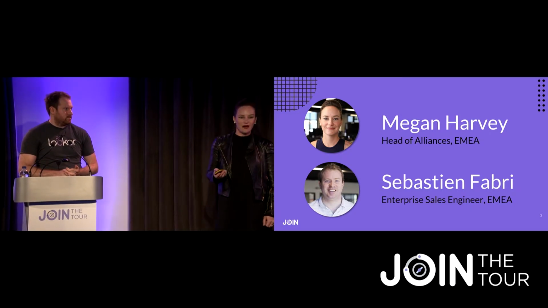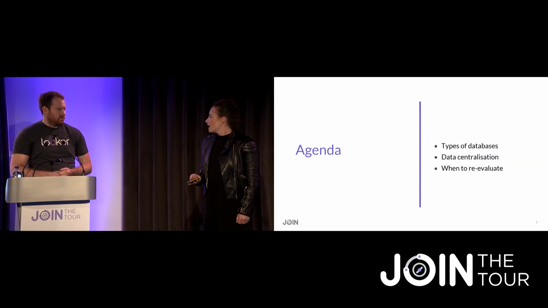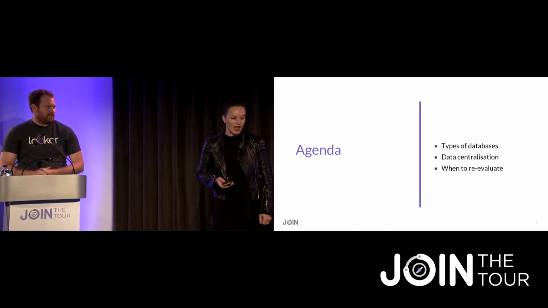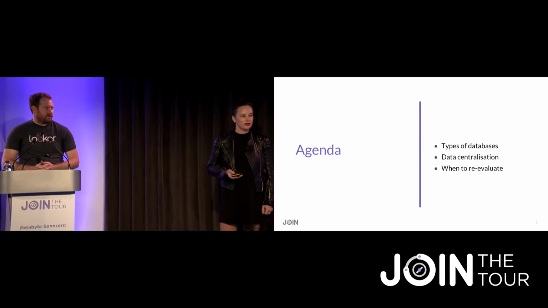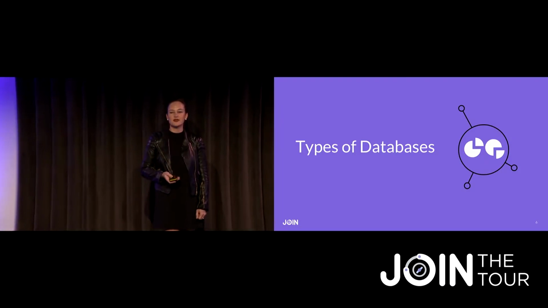So that's why we wanted to have this talk with you and really dig into it a little bit. So we're going to review the types of databases, a little overview of data centralization and why we talk about that a lot, and then also when to reevaluate your database and when to kind of reassess, essentially.